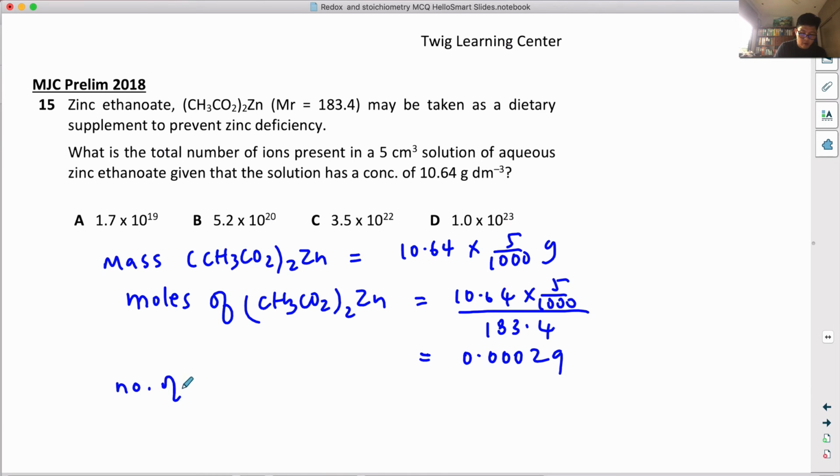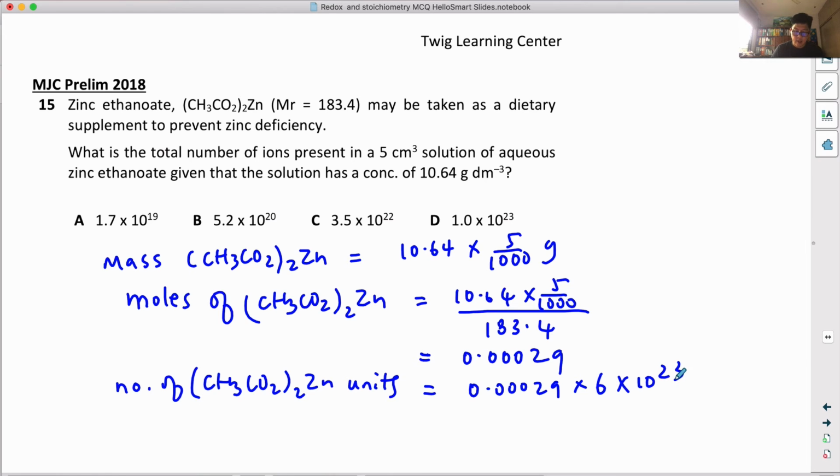So the number of units equals 0.00029 times 6 times 10 to the power 23, and so for the number of ions, in each of them there are actually 3 ions. Notice there are 3 ions because there's one zinc 2+ and 2 CH3COO minus.